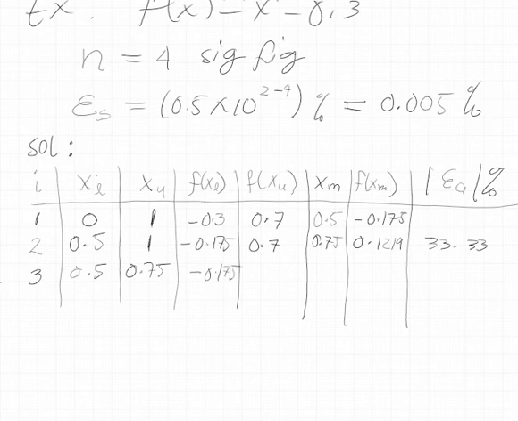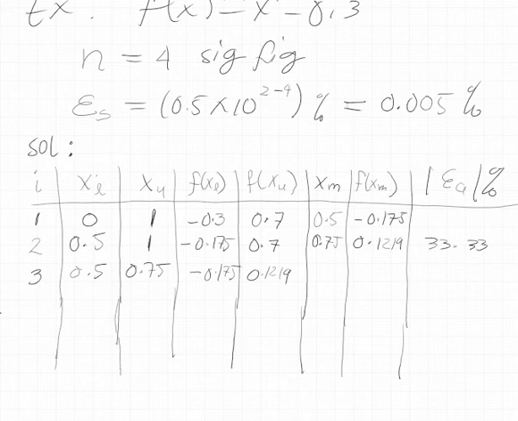F of xu is the same as f of xm, 0.1219. You can just take the signs here, f of xl and f of xu, because that's what we need. Or if it's equal to 0, then that's the time our root is located.